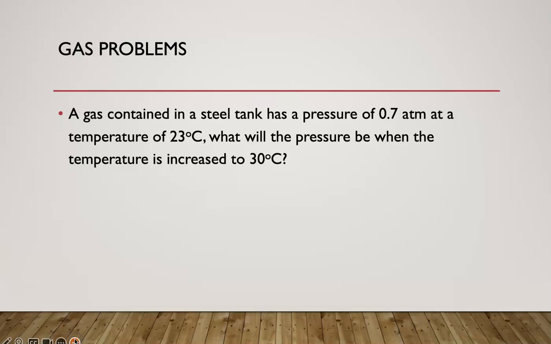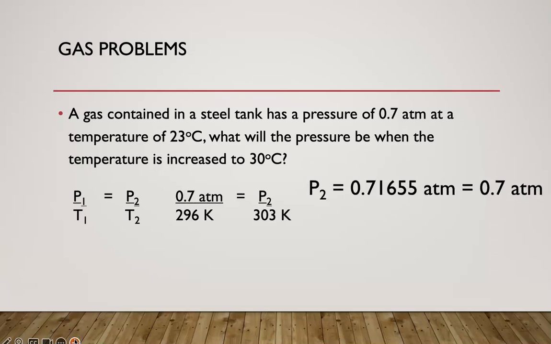And of course, you've got to convert your temperatures first to kelvins. And hopefully you came up with 0.7 atm, rounded to one significant figure. And so this change in temperature really wasn't enough to do much to the pressure, obviously, here.